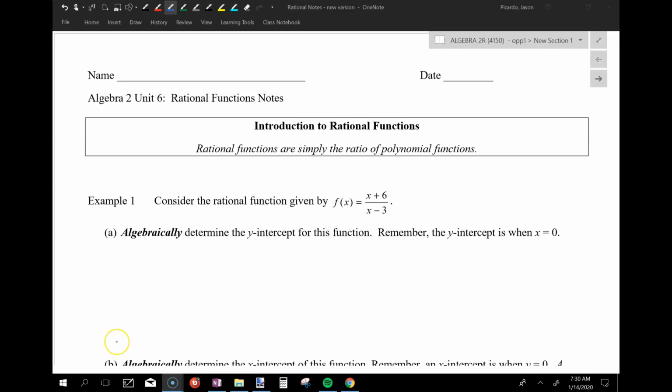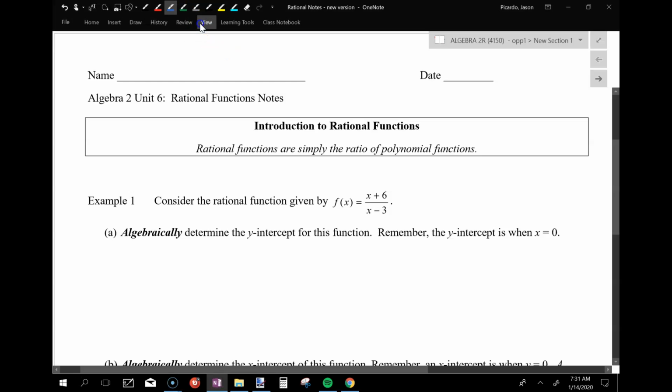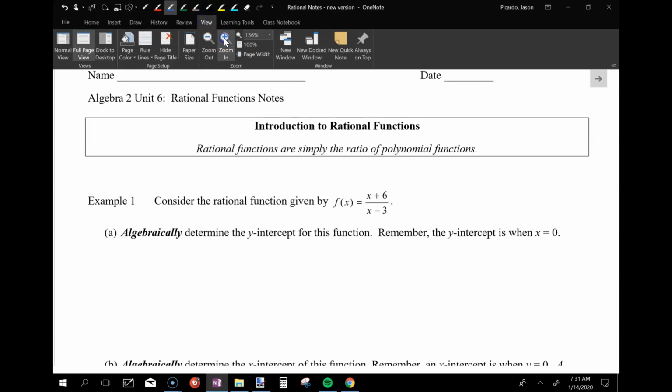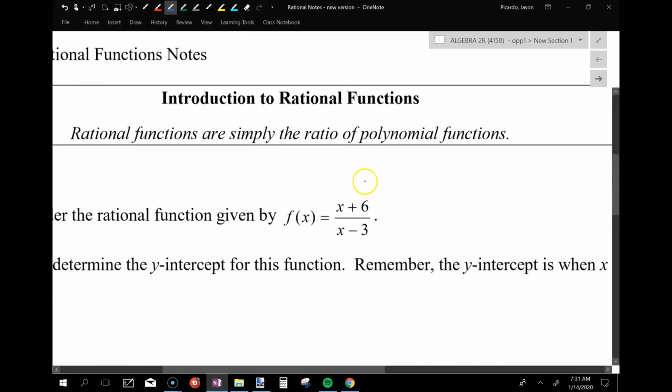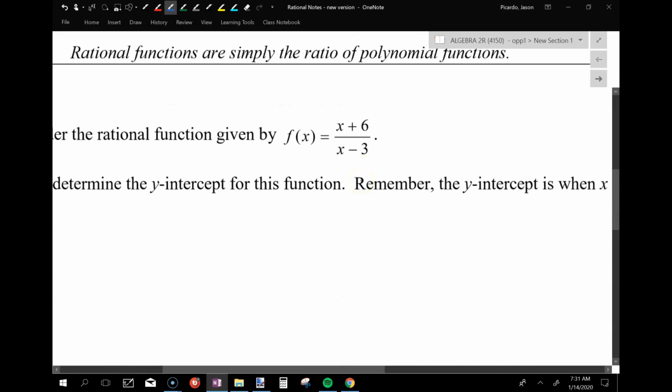It'll be less memorization. It'll be more understanding concepts that'll help you get why things happen as opposed to just memorizing, okay? Got a fraction in example 1. And a fraction is considered to be a ratio, right?